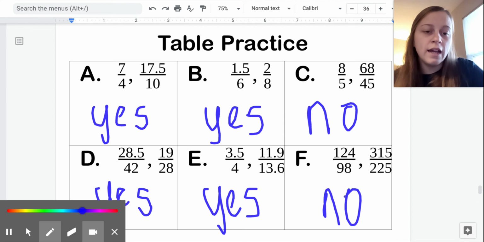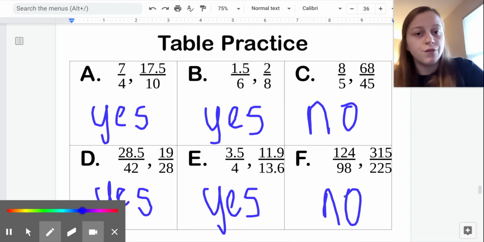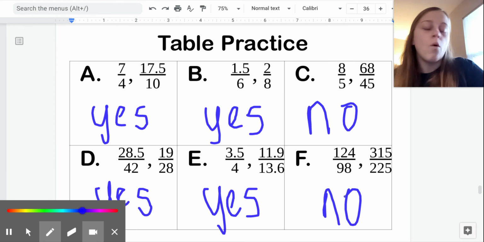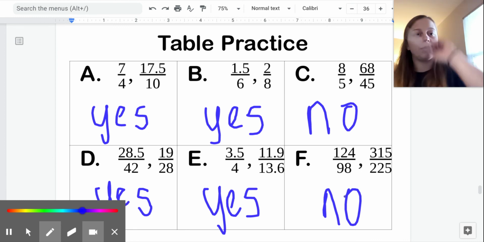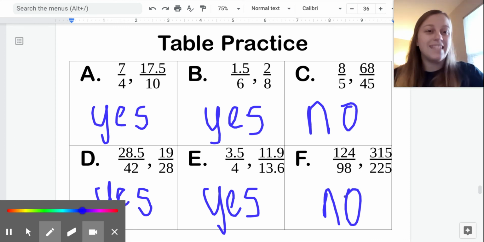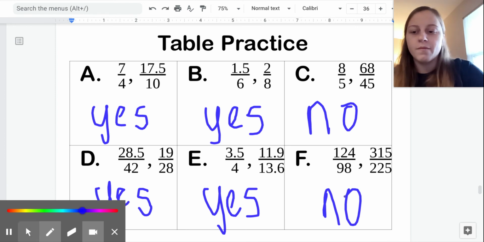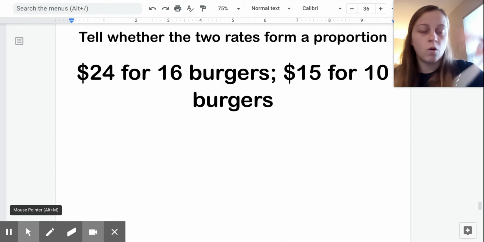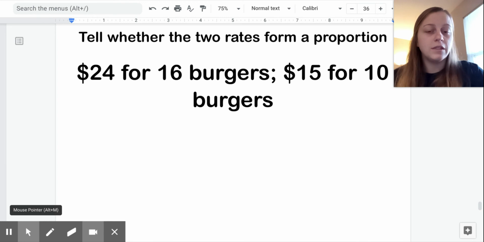So you could have simplified down and you would have gotten 8 over 5 on the one hand, but you wouldn't have gotten 8 over 5 for the other fraction. So therefore, no. Or you could have used cross products, and when you multiply diagonally, you would have gotten different answers. Therefore, no.